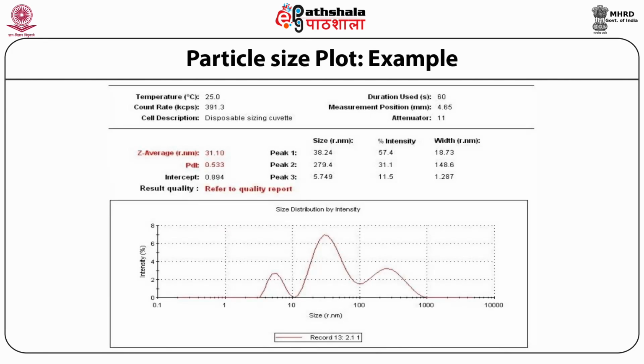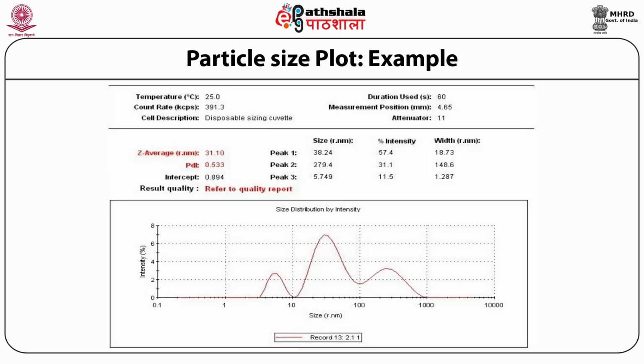Now this is an image of another sample of microemulsion. However, in this sample there are 3 peaks obtained, and the particle size is different for all the 3 peaks. You can see in the second column, peak 1, peak 2 and peak 3 vary in size proportion, and that is why 3 peaks originated.